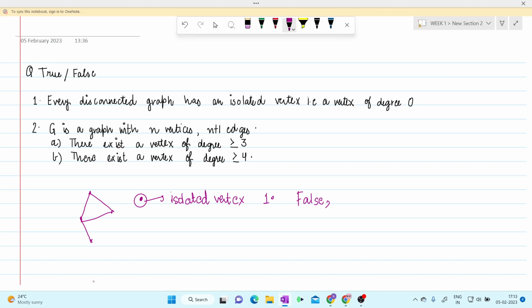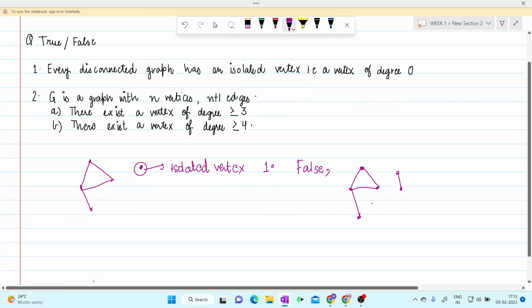Oh, very good. What he is saying is that for a disconnected graph, we just need that it has more than one component. So in this same example, if we add one more vertex and attach it, this graph is disconnected, but it does not have any isolated vertex. So the first is false.